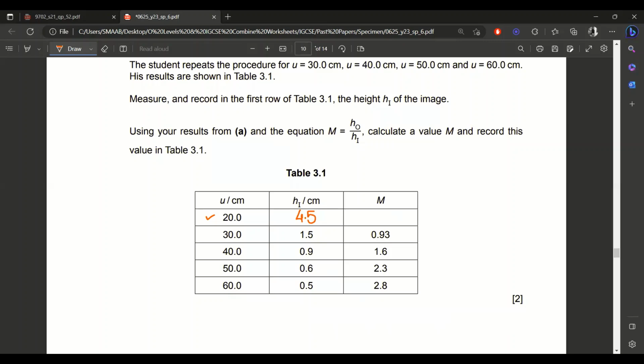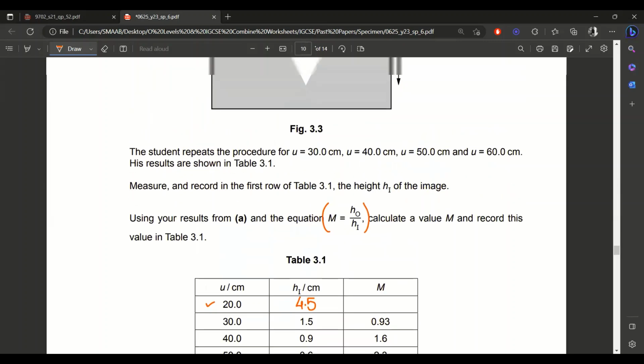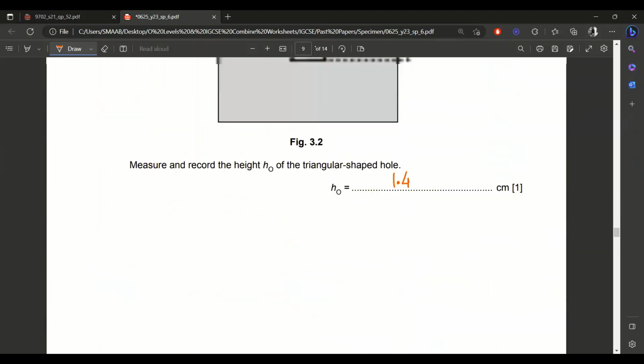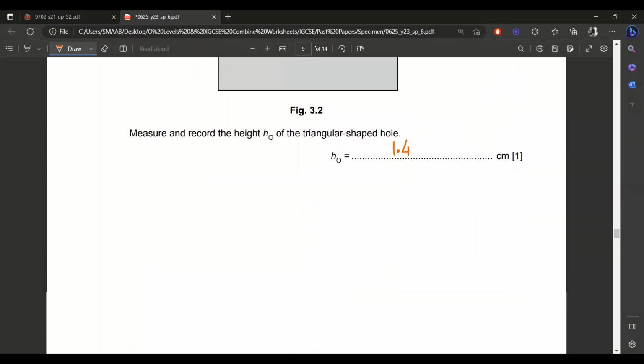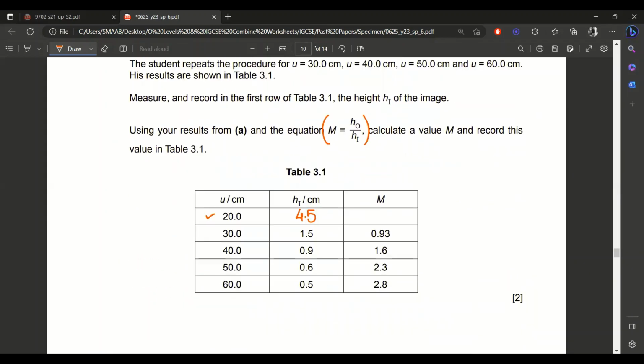And what will be the magnification? The formula for magnification is also mentioned over there. So you see that the formula is given for the table, and you just need to use the formula. For magnification, the height of object: we measured the value of the height of object from the previous diagram, that is 1.4, and 1.4 divided by 4.5.